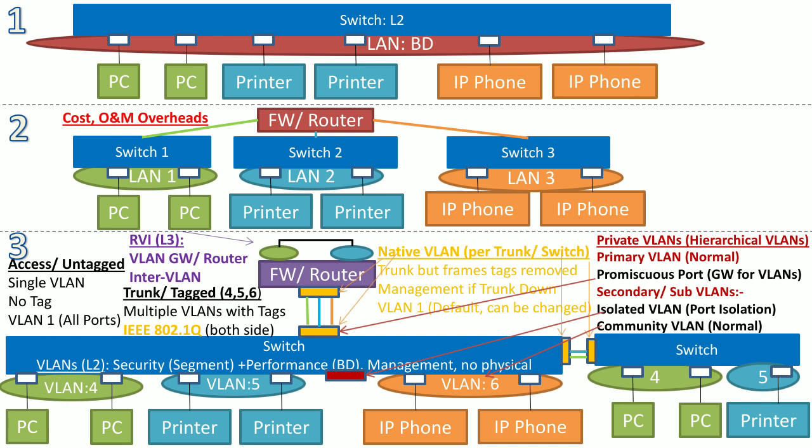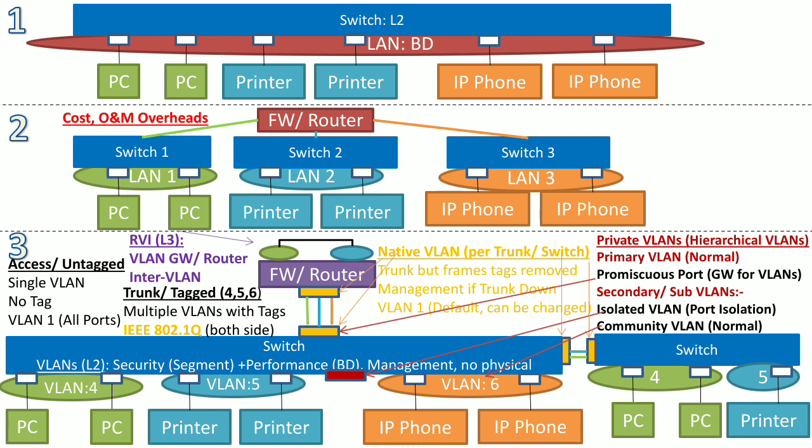Now another important concept is private VLANs, and I am explaining this concept at the later part of this video, since this encompasses all these concepts I have explained earlier. This is a hierarchical VLAN concept.